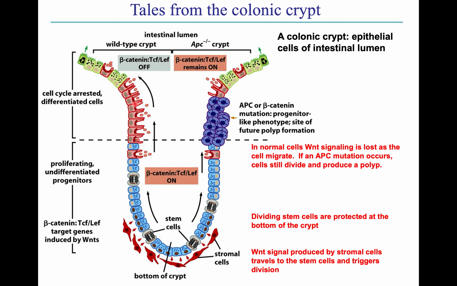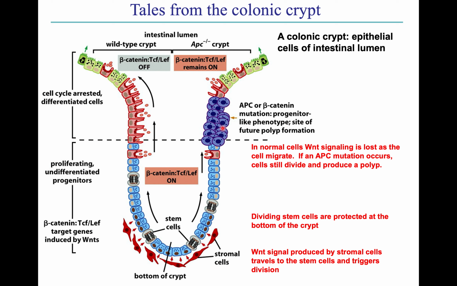But in the situation of the APC mutation, even as those cells move out of the crypt and away from the stromal cells, because they don't have that destruction complex, they're going to continue dividing anyway, and you're going to end up with a polyp, which is what you see here. So it's literally just going to be polyp after polyp after polyp.